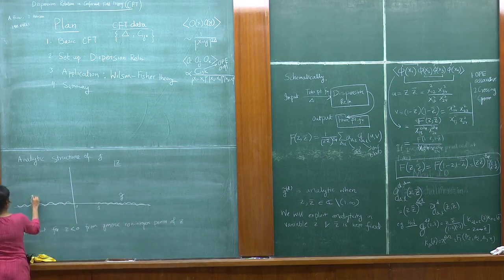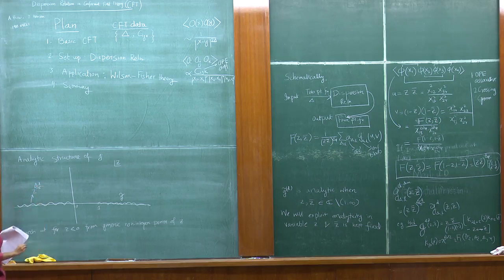This comes from z to the delta minus L over 2. The whole conformal block has these branch cuts, coming from 1 and 0, the points where you are colliding. So these are the singular points, and then you have these branch cuts.